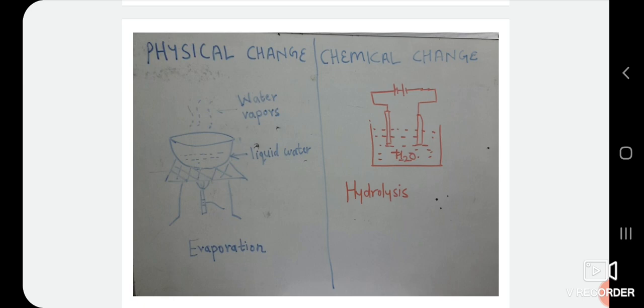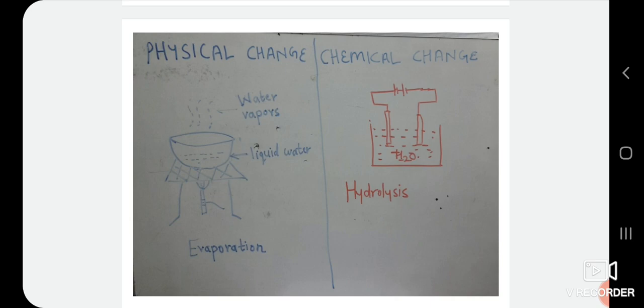Here there is only a change in state of water from liquid to vapor state. So we have not got a new substance, right? H2O, there is no change in our formula, and it is reversible. So these water vapors can be condensed back. So physical change is reversible and there is no new substance, right?